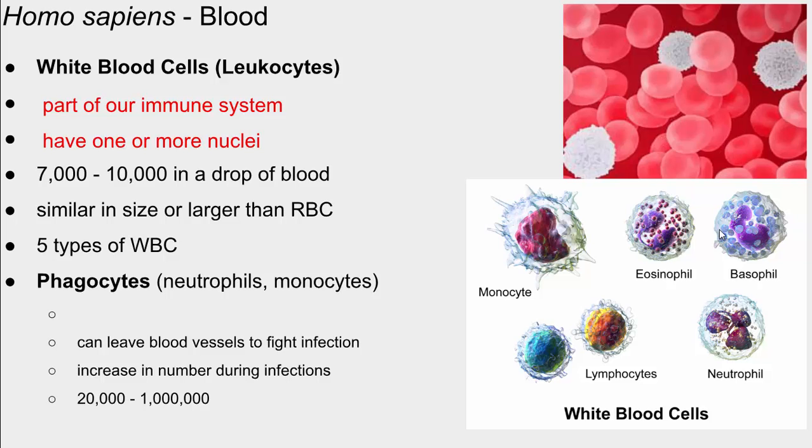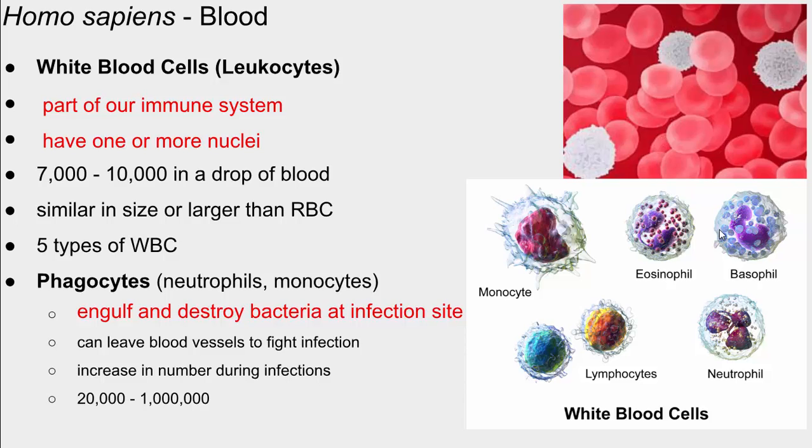If you have strep throat or an ear infection or infection in a cut, your white blood cell production ramps up to help defend against these pathogens. They do a variety of things. The immune system is very complex.